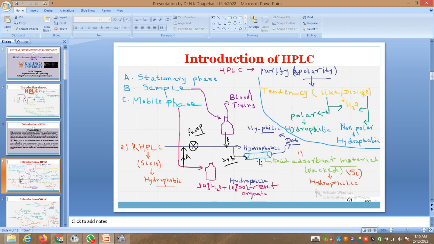So there are three components: the stationary phase, the sample, and the mobile phase. The mobile phase consists of 90% water and 10% organic solvent, which is pumped with pressure.